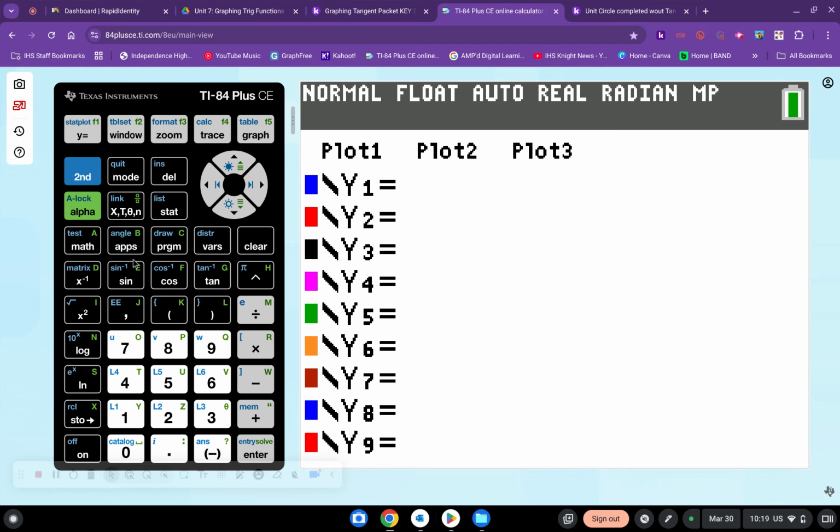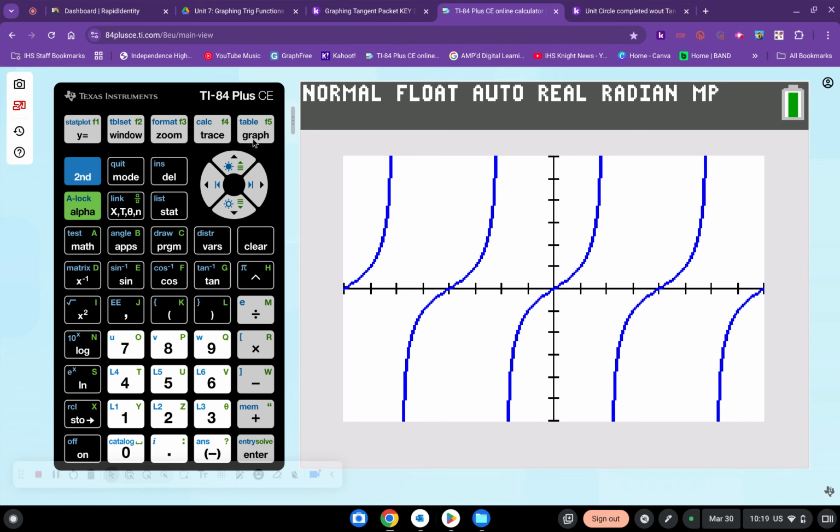All right, let's type in tangent of x and graph. So notice that the asymptotes are not shown. We've known that before when we graphed our rational functions. Remember, the asymptotes do not show up on the graph. However, you do see how the curve is repetitive and you see where the asymptotes should be located.